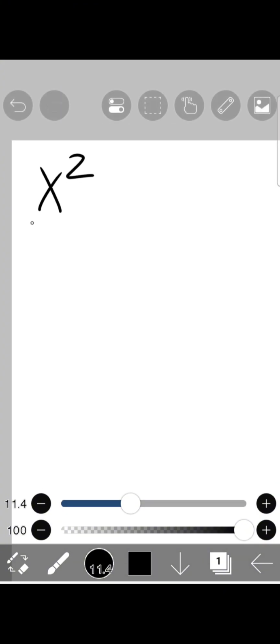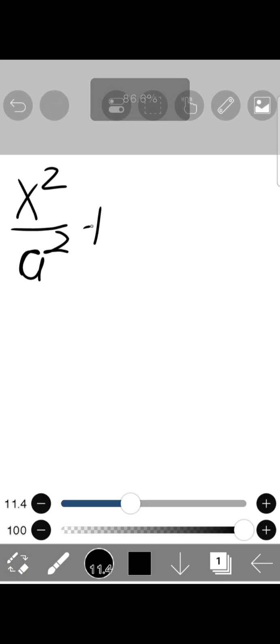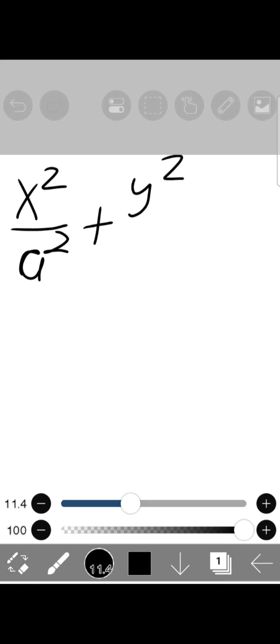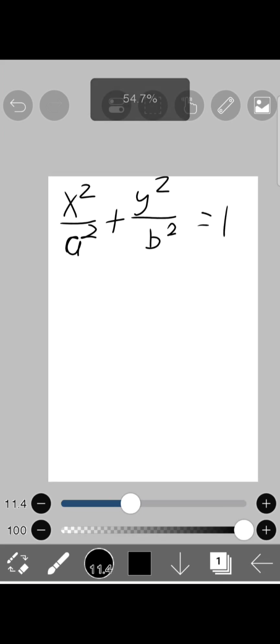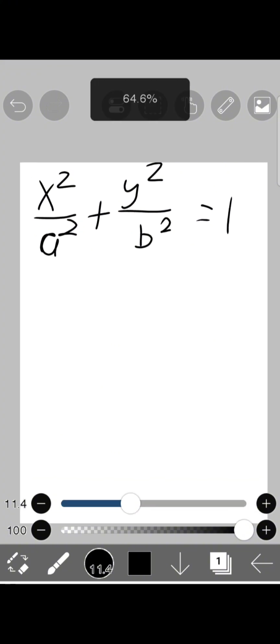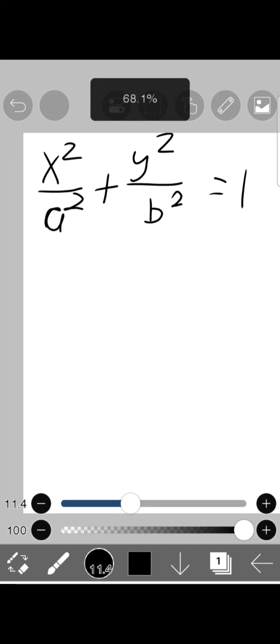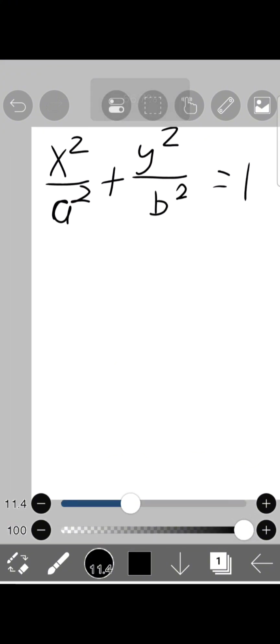this is the standard equation for the ellipse. So we have x squared over a squared plus y squared over b squared equals 1. So that is our standard equation for the ellipse. This is what we're going to focus on here.